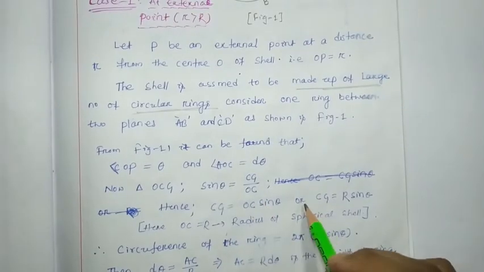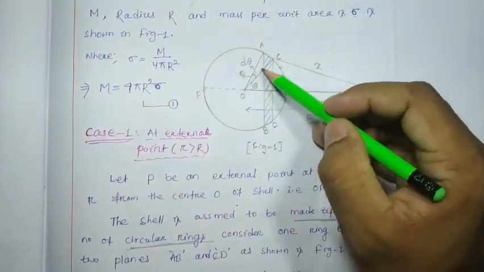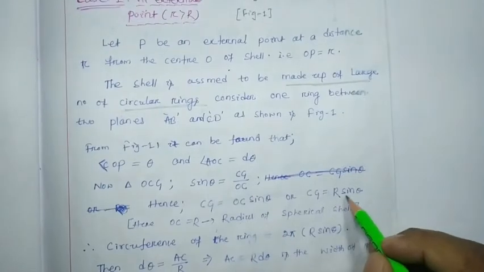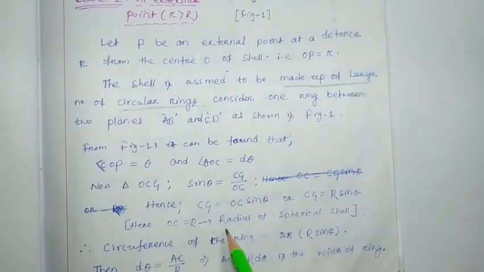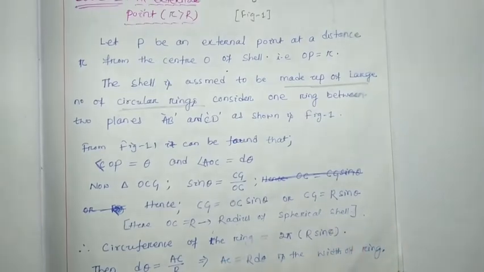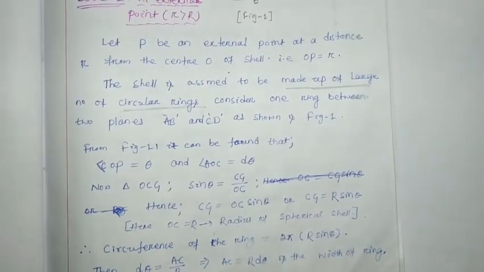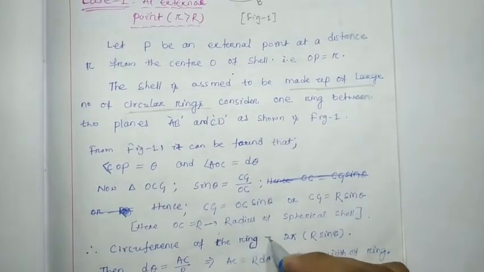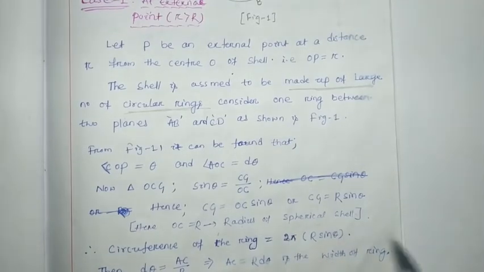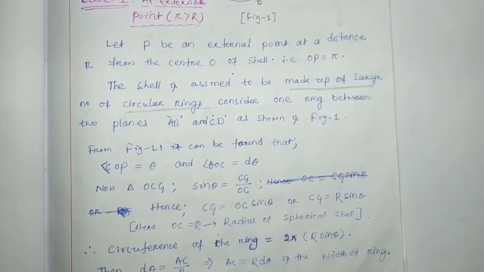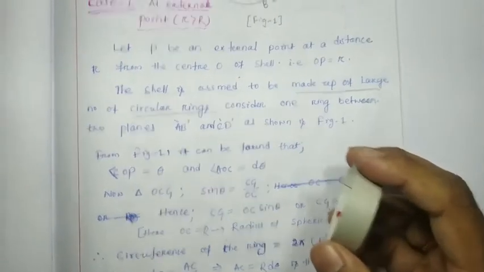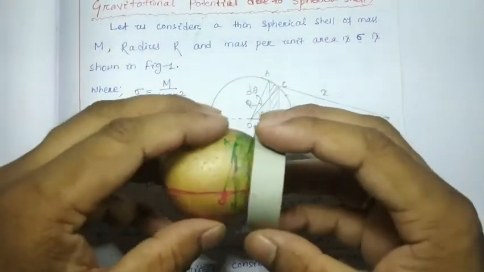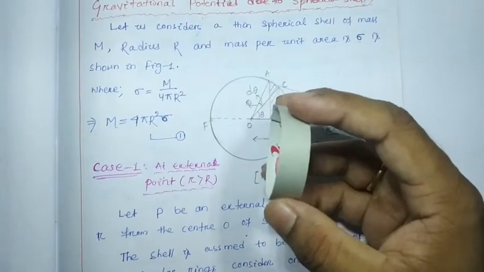Here OC equals r, the radius of the spherical shell, so CG equals r sin theta. Then the circumference of the ring will be equal to 2 pi r sin theta. Whatever ring we have considered between the planes AB and CD of this spherical shell, this is its radius.